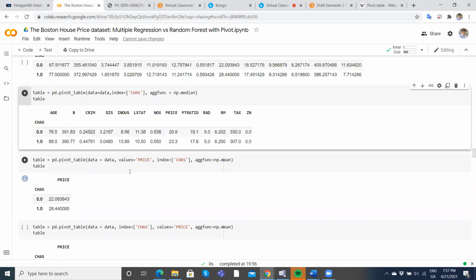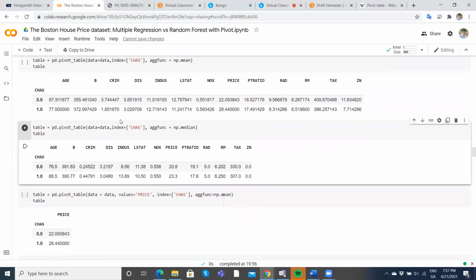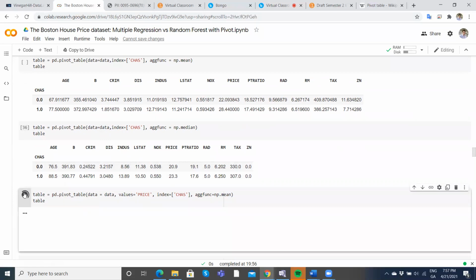Now we could say, look, I don't need everything here, it's just too much. Could I take what I had here and just limit it to one or two columns? Again, it's the same syntax. Data is equal to data. Index is equal to Charles River. We'll say the values are equal to the price. So I just want to take the price here, and then we're getting the mean value.